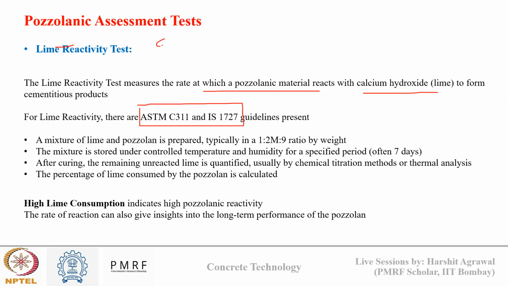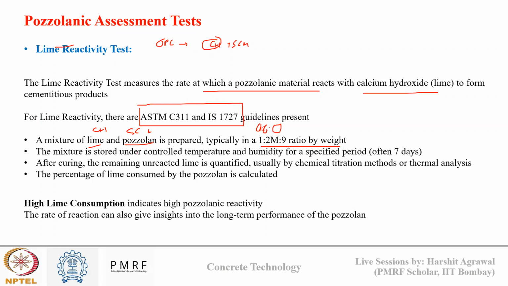Instead of waiting for OPC to produce lime and then making it react with SCM, in this testing we directly take pure lime, CH, and we add pozzolanic material to it and a weight quantity of water, like 1 is to 2 is to 9 ratio. So 1 will be my SCM, 2 parts will be my CH, and 9 parts will be my water.